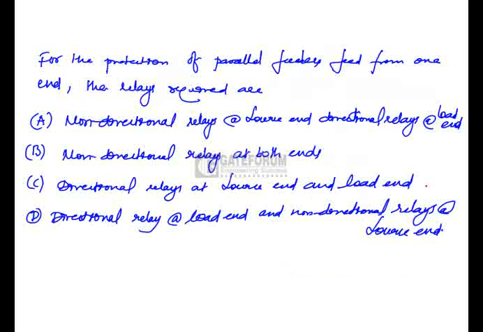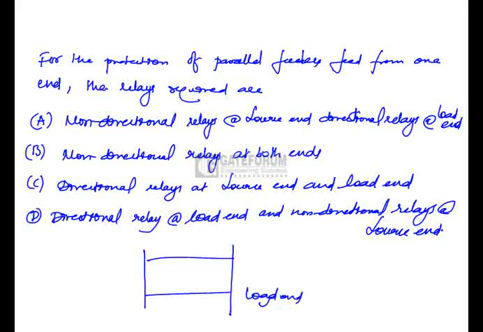Parallel feeders fed from one end. The relays required are, as given, for the protection of these parallel feeders. Let's say this is the load end, or substation end, and this one is fed from one end; this is the source end.